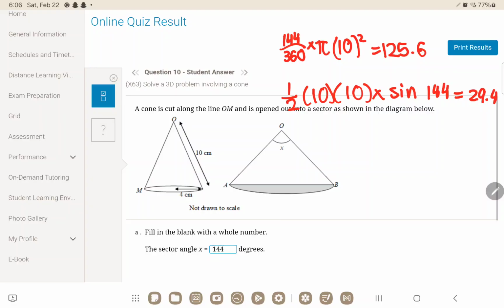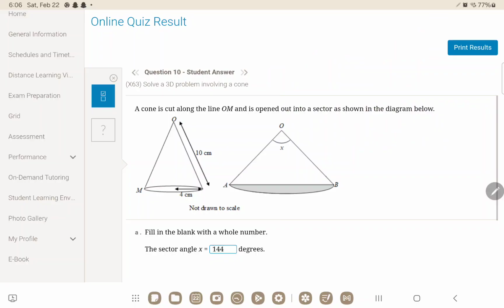I can't fit it, I'm just gonna write 29.4. Once you subtract the two numbers from each other, 125.6 minus 29.4, we're gonna get that your answer is something like 96.22. And then we round it to the nearest whole number, 96. Moving on.